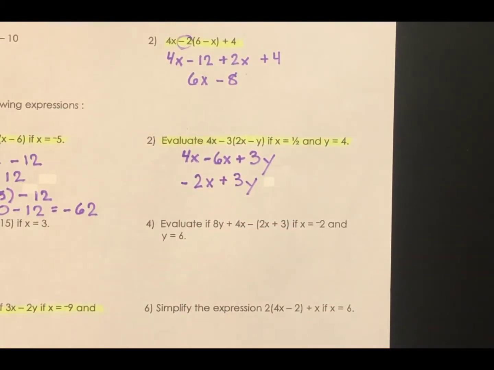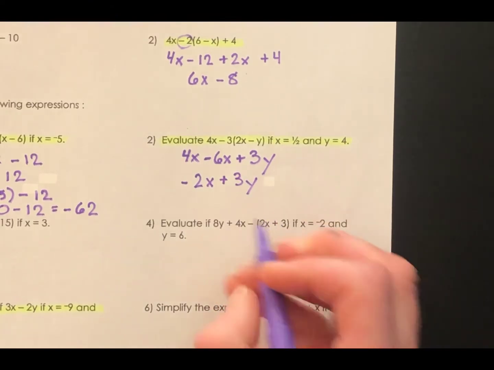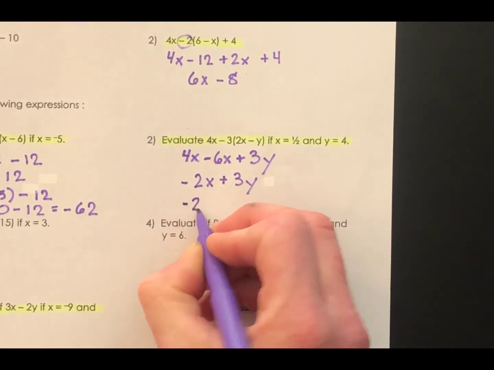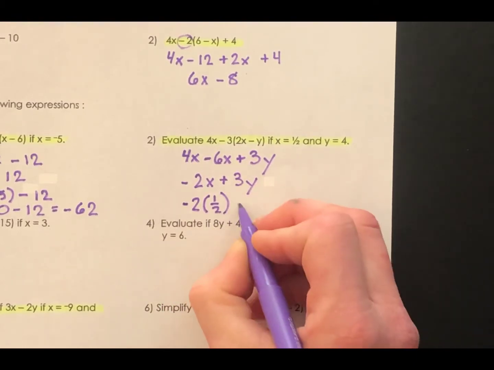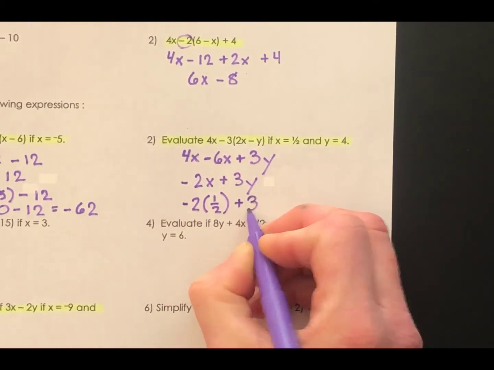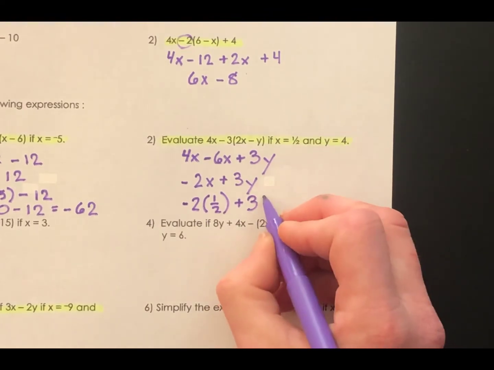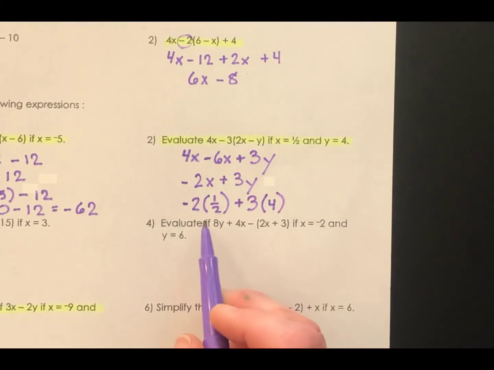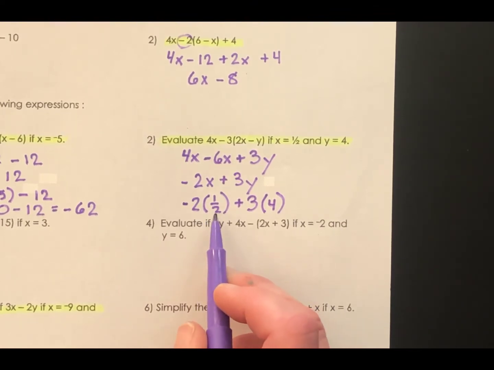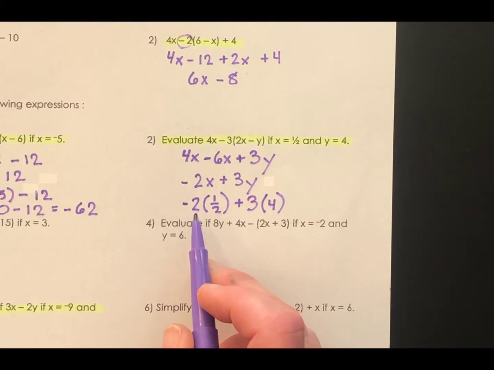Now I can substitute. X is 1/2, negative 2 times 1/2 plus 3, y is 4, times 4. There are 2 ways that I can do this. Remember, times means of, and it might be easier to think of 1/2 of negative 2.